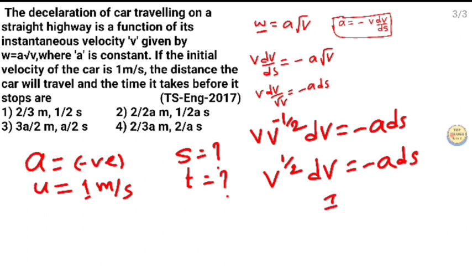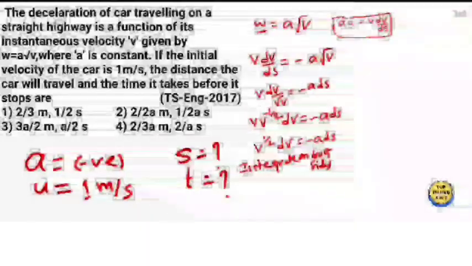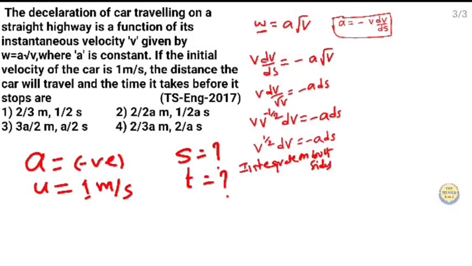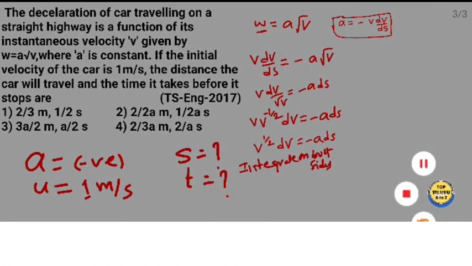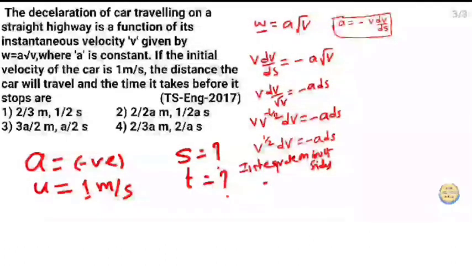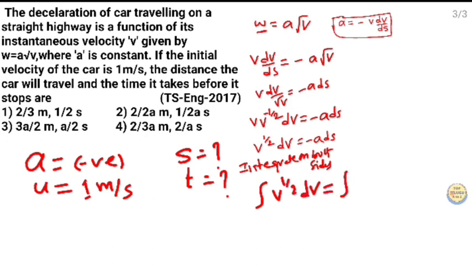So then integrate on both sides. Integration v power 1 by 2 dv is equal to integration a into ds, but here limits are initial velocity to final velocity.